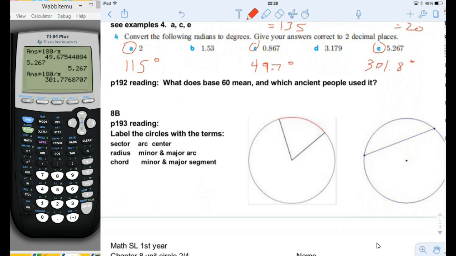Or when we represent 100, it becomes a 3-digit number. So the Babylonians would have 60 different symbols, and they would be able to represent the numbers up to 59 with those 60 different symbols, 0 to 59. And then when they got to 60, then they would represent 60 with 2 digits or 2 symbols.